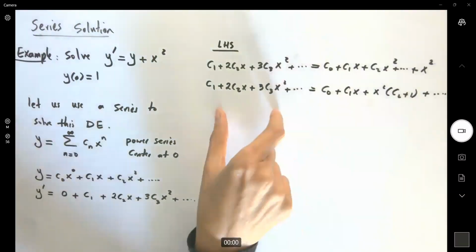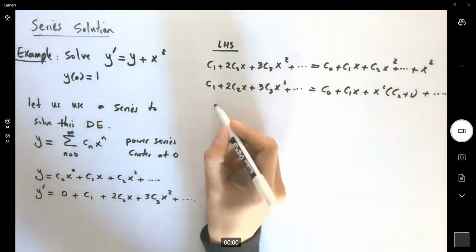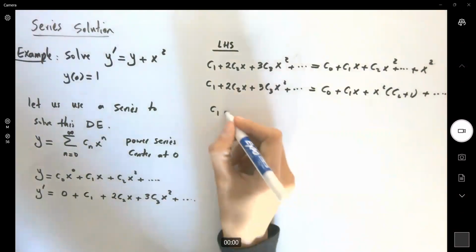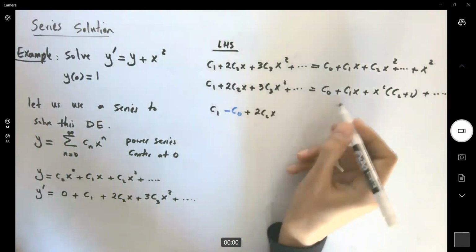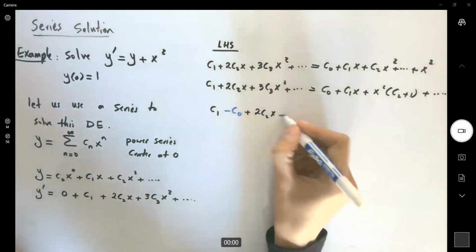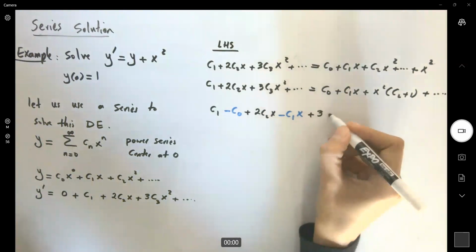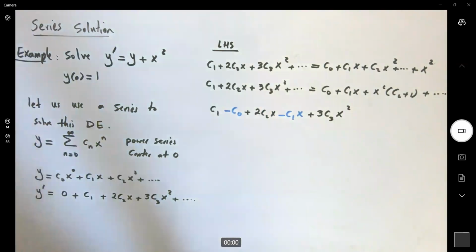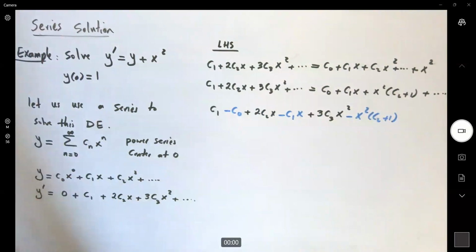Let's bring all terms to one side. So here you have c sub 1 minus c sub 0, and let us copy down 2 c2 x minus c1 x, plus, we're trying to look for a pattern here, 3 c sub 3 x squared minus x squared times (c sub 2 plus 1), plus the rest of the terms.